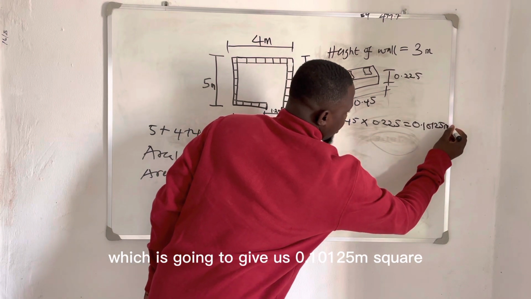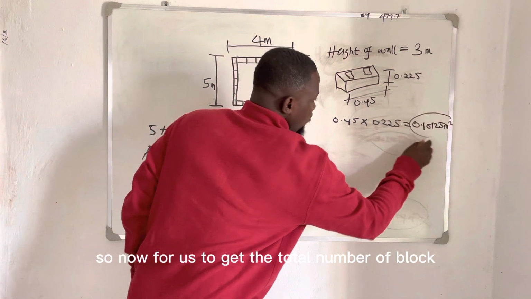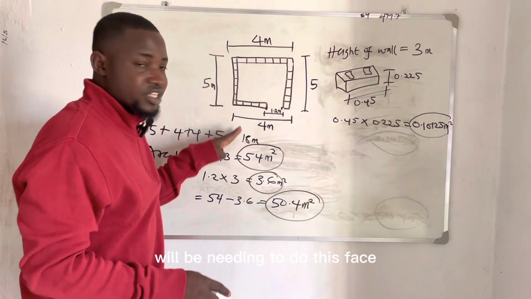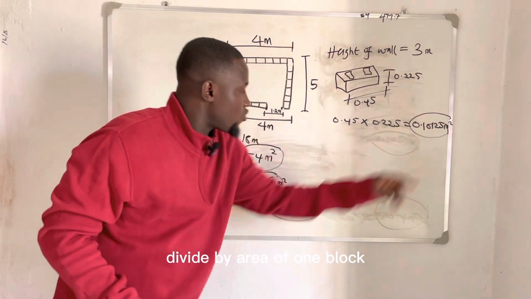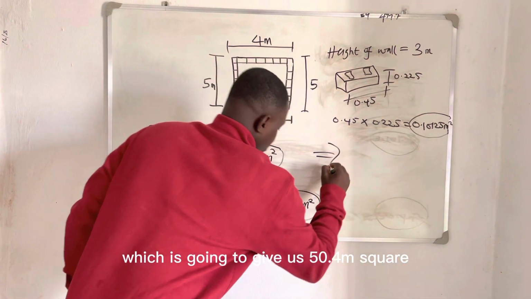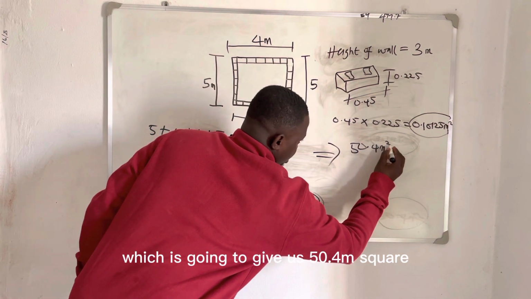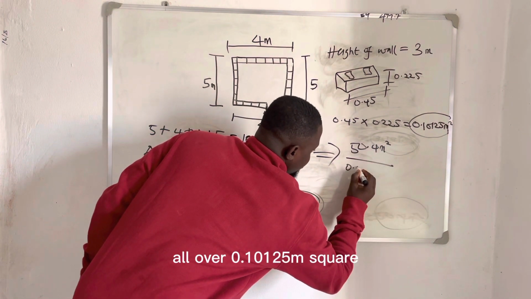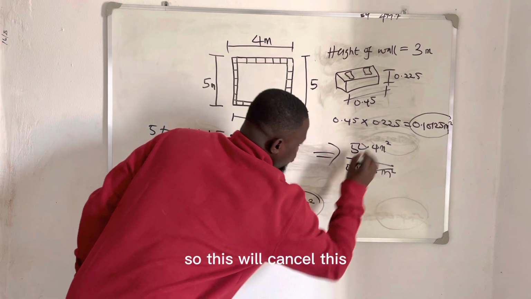Which is going to give us 0.10125 meter square. So for us to get the total number of blocks we'll be needing to do this fence, we say the total area divided by the area of one block, which gives us 50.4 meter square over 0.10125 meter square. So this will cancel this.